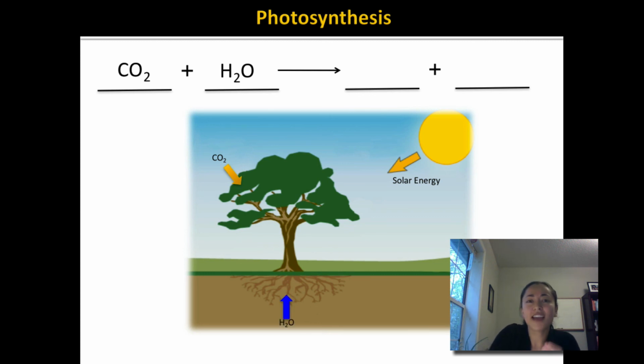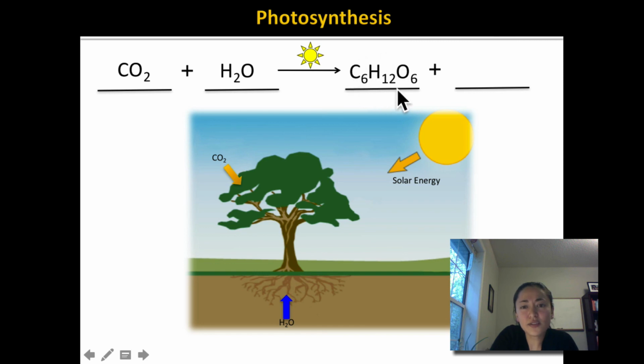Now, the interesting thing happens here. This is really very fascinating because plants can build glucose or build carbohydrates just from these 2 starting materials. So they can take air, carbon dioxide, and they can turn this into glucose.